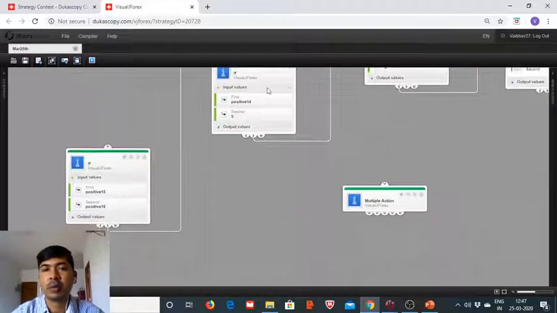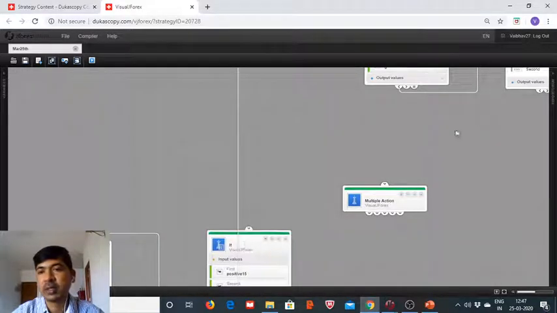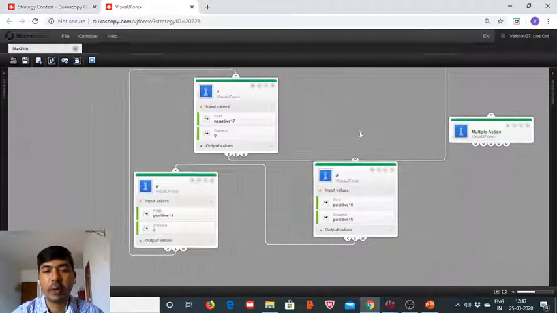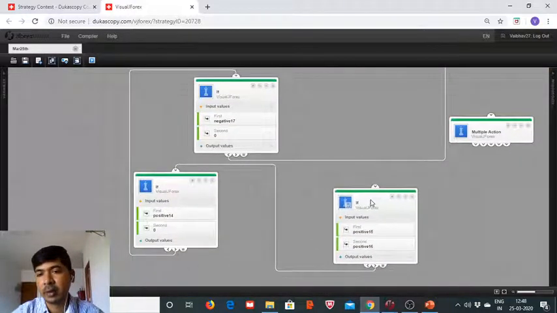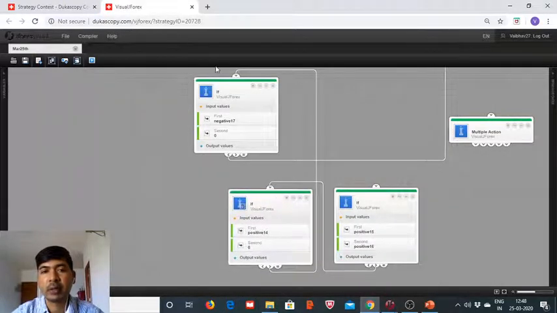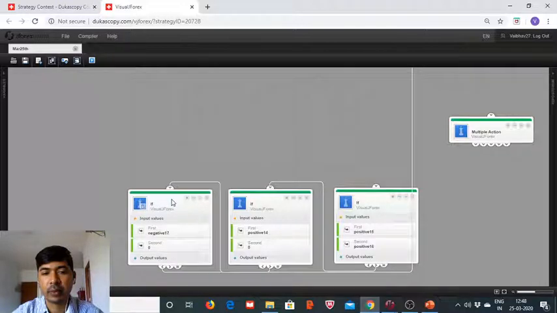Now let us put these if conditions back where they belong, and then look for other requirements to optimize the setup.